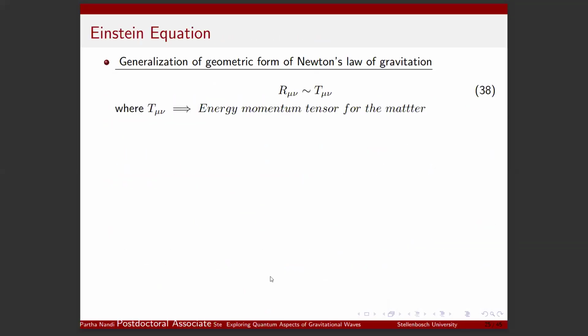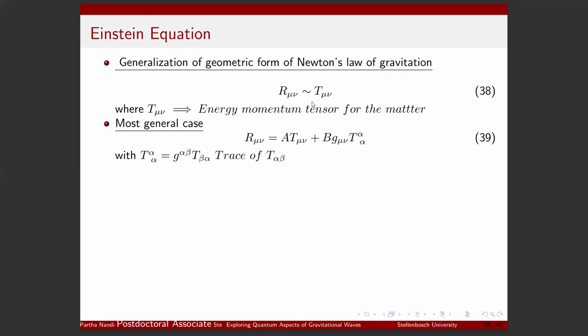Now we consider the Ricci tensor, all components, which is proportional to T mu nu. In the most general case, it is possible to write down not only T mu nu, but also to add an additional term, which is the effect of the trace of this T mu nu. It is a second rank object. You can visualize this as a 4x4 matrix in 3+1 dimensional, or 4-dimensional, Minkowski spacetime.